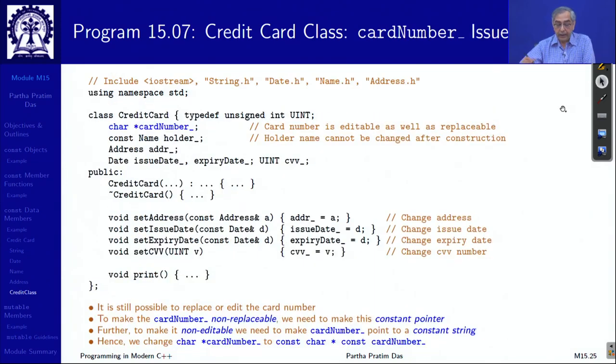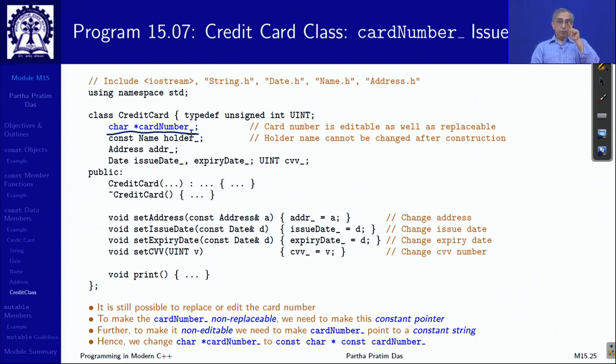So, how do I put that constraint? This is the card number issue. So, what is the card number? Card number is a string, which is dynamically allocated and initialized with value at the time of construction. Right? Now, I want two constraints.